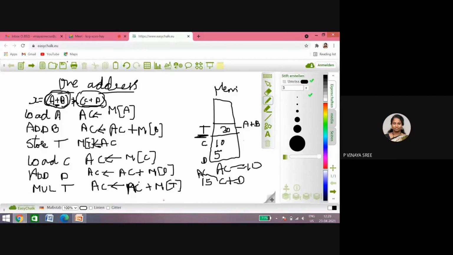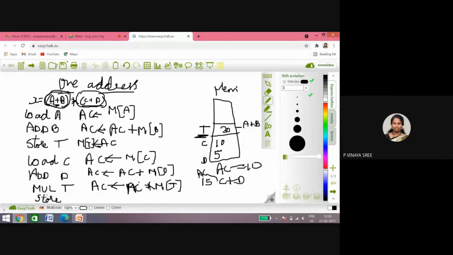Finally, the result of a plus b into c plus d is present in the accumulator. Now finally, what do we need to do? Next step is what? Store the value in X. Yes, very good.